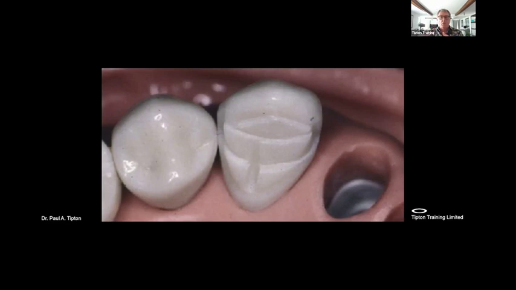That vertical wall is going to give you, again, further resistance form. So I've got rest seats here, which will stop apical displacement, but also I've now got a vertical wall next to it. And that vertical wall just here will give me added resistance form. What else have I got? I've got a mesial groove and I've got a distal groove.